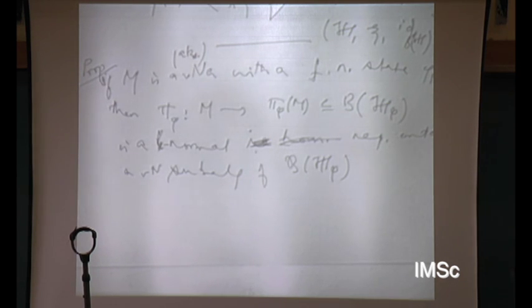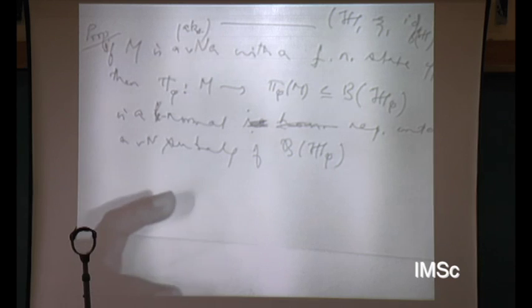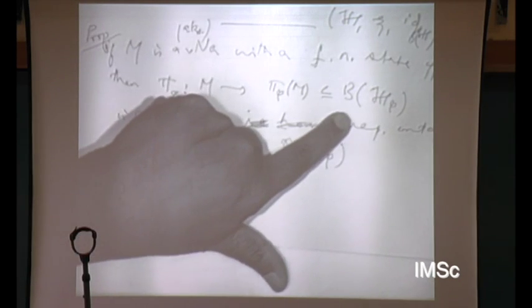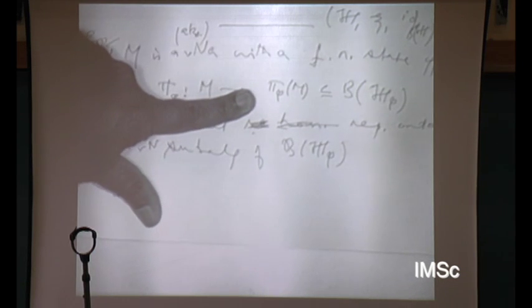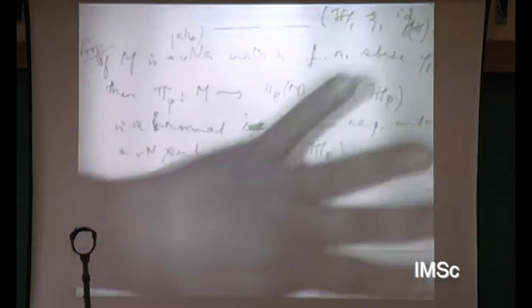I have some von Neumann algebra which admits a faithful normal state. Then the GNS representation is an isomorphism of M in the category of von Neumann algebras onto this concrete von Neumann subalgebra of B of H phi.